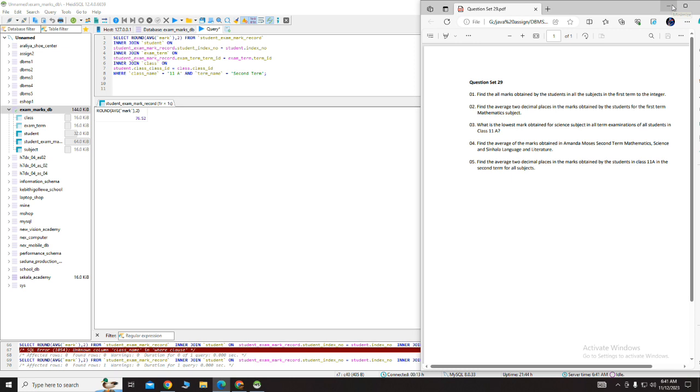We have used the AVG keyword, or the average keyword, to find the average marks, and used the round keyword, and we have inner joined the student exam mark record table to the student, exam term and class tables using the relationships among the table columns, and finally provided our conditions where the class name should be 11A and term name should be second term. So the average is 76.52.